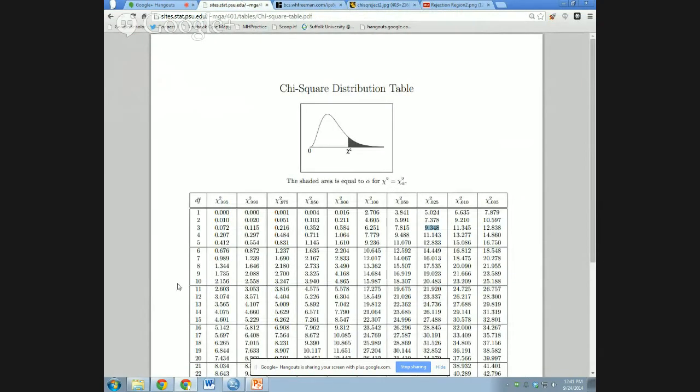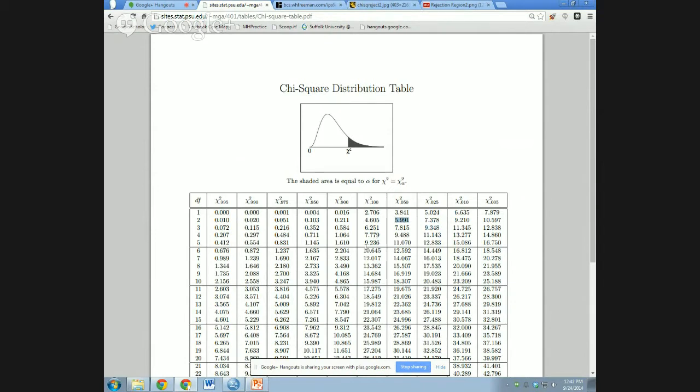So let's say we had a test where the degrees of freedom were 2, and we set our critical value at 0.05. Well, if that was the case, we would look for 2 degrees of freedom by 0.05 alpha, and we get 5.991 as our critical value.